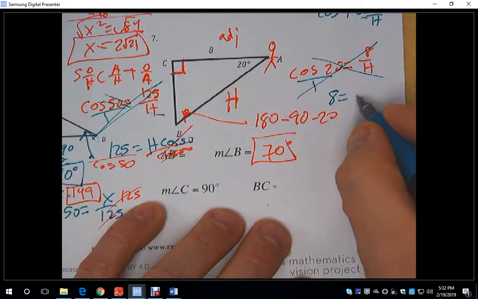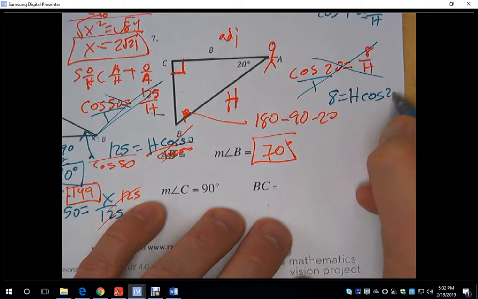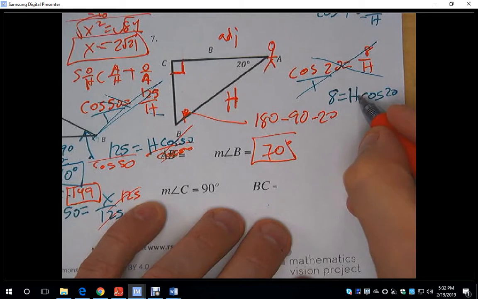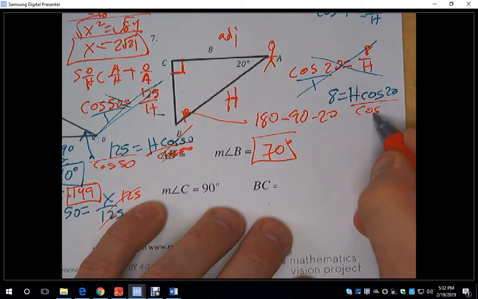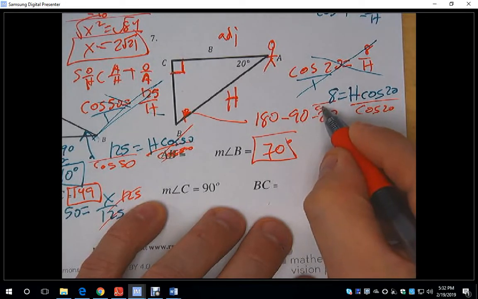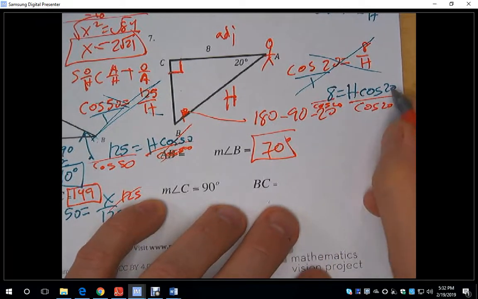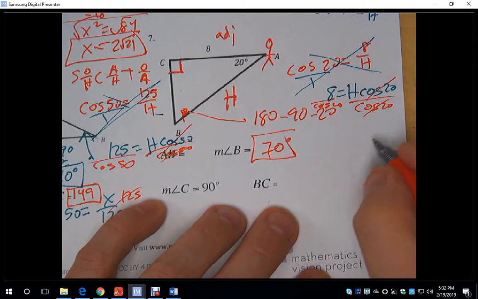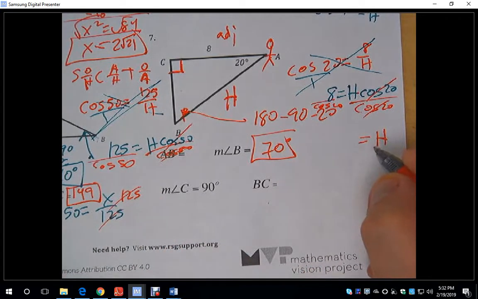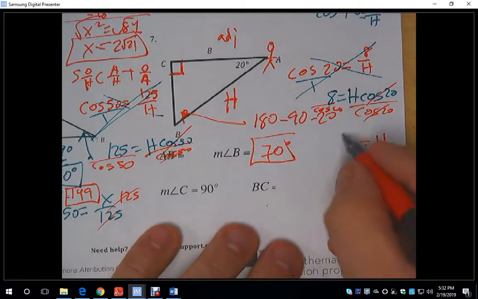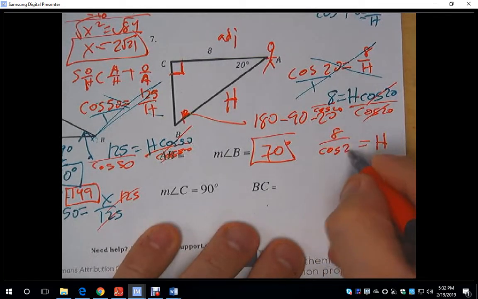Then cross multiply this way, it gives me h times cosine of 20 degrees. I'm going to divide both sides by cosine of 20, because cosine of 20 divided by cosine of 20 is 1. And that gives me h equals 8 over cosine of 20.